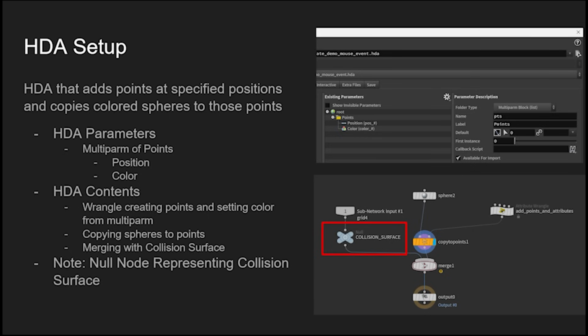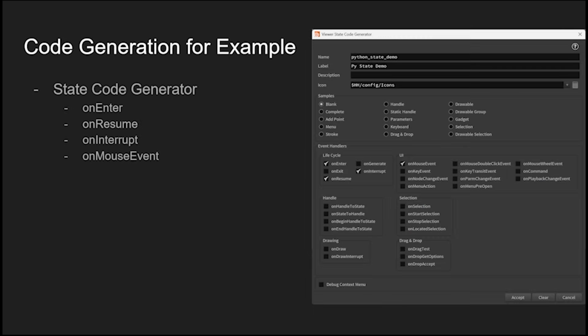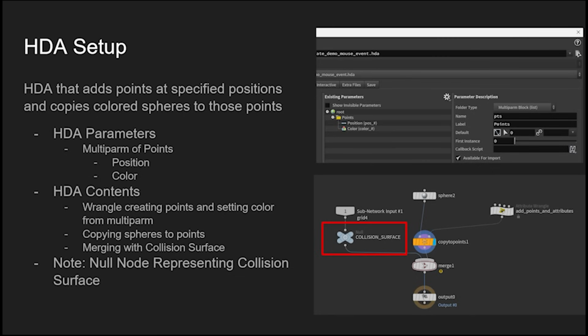As far as the contents go, I have a wrangle that is creating the points from the positions and color parameters, then copying spheres to those points. The internals are pretty straightforward, but pay special attention to the null node I've named collision surface. This is the node that we'll be using to reference our collision object.